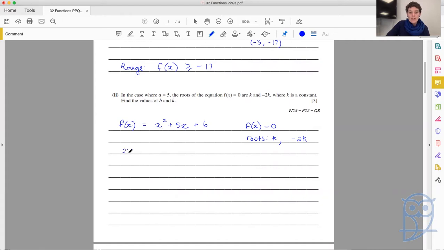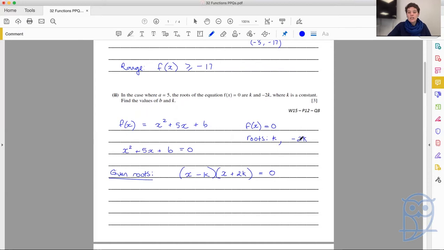Well, we can't factorize when we don't know what b is, but we can work from the answers back up and see what we get. So given the roots, we know then that (x minus k)(x plus 2k) equals 0. When we factorize this, this is what we would get.